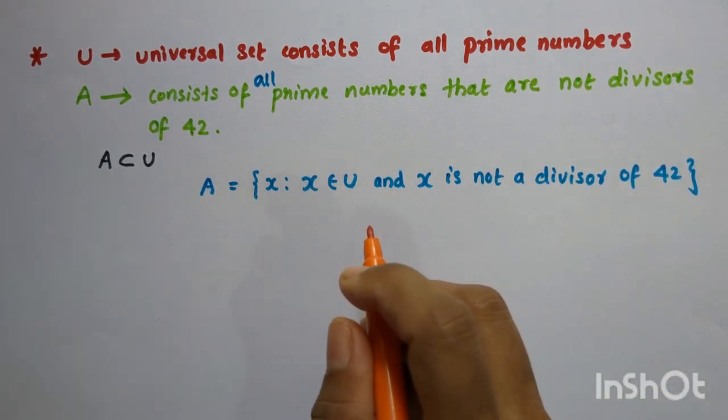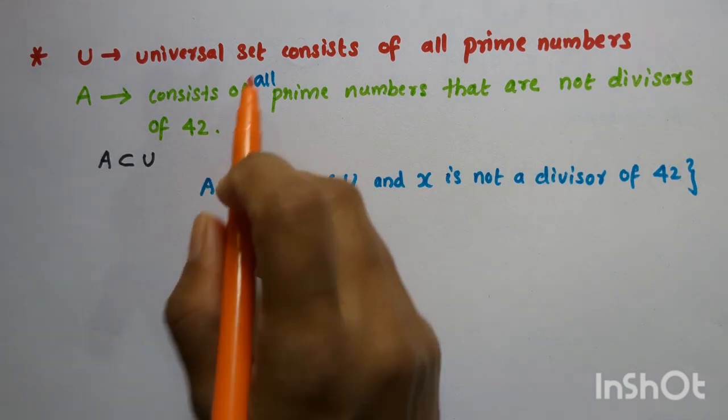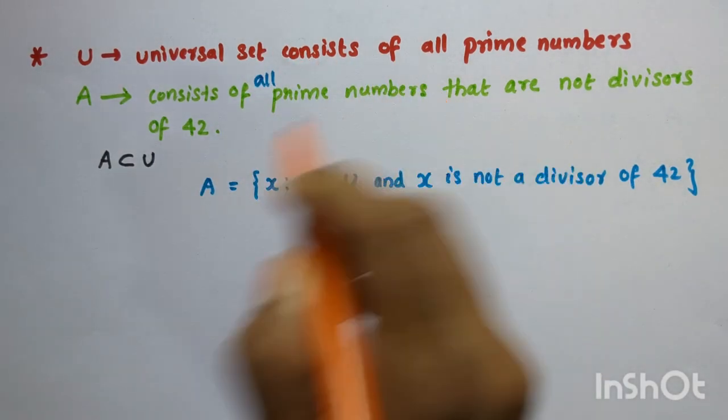So here U, the universal set, consists of all prime numbers.